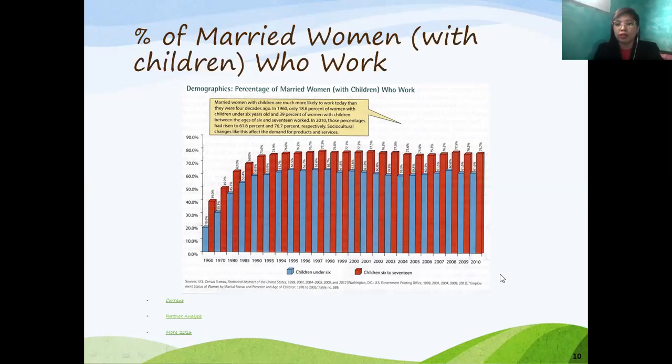In this example, up to 2010, the percentage of working women with children had risen to 76.7%. So, expectedly, as the years go by, the percentage of married women who are working with children is also going up.